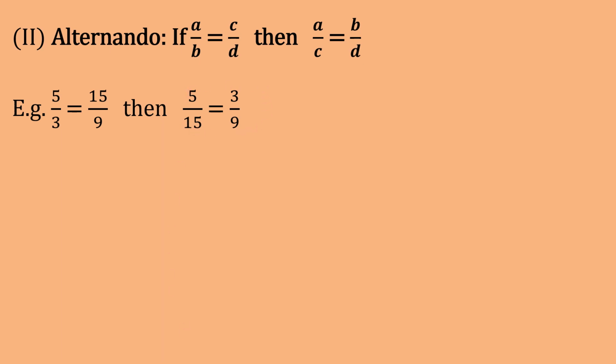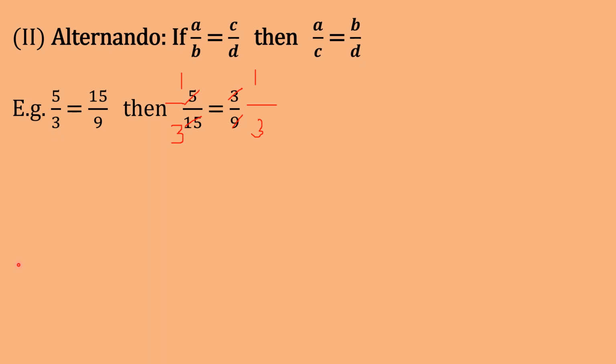If you simplify, 5 ones are 5 and 5 3s are 15. And here also, both go in 3's table: 3 ones are 3 and 3 3s are 9. So students, what you get is 1 upon 3 and 1 upon 3. So it is equal, yes or no? So it follows alternando. If A upon B equals C upon D, then A upon C equals B upon D. This is the property of alternando.